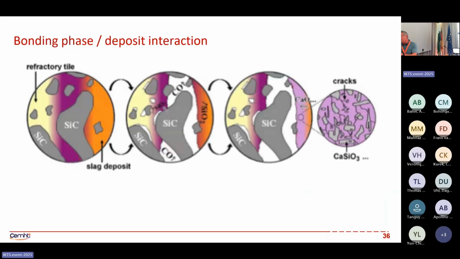Wollastonite is also an expansive phase. That means it creates stress, promoting cracks, and these cracks promote the separation of the deposit with a part of the tile, producing the craters we observed.